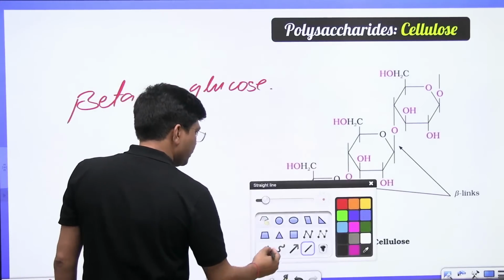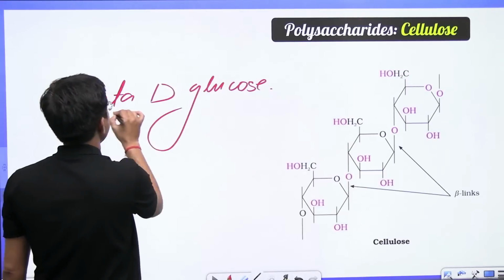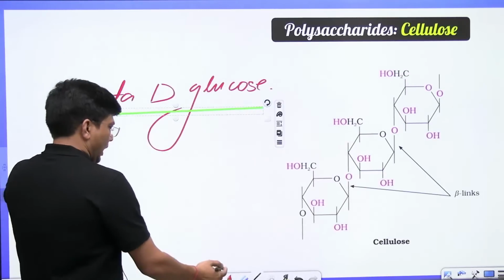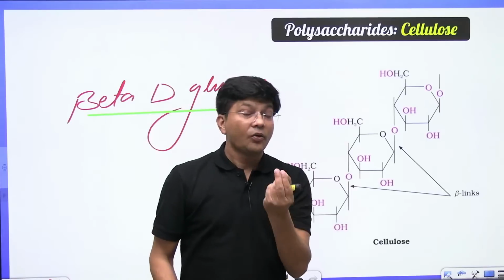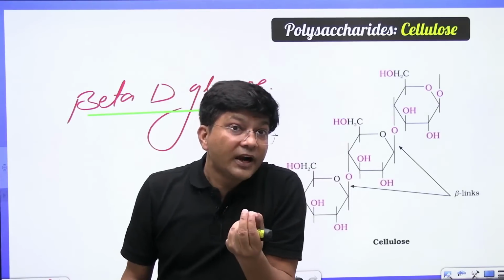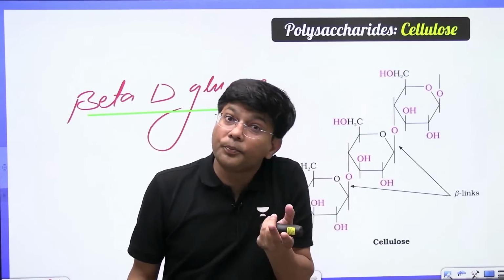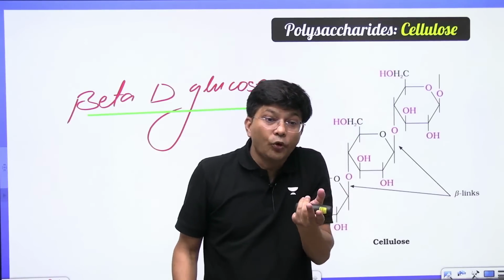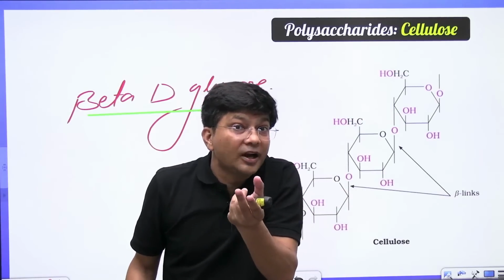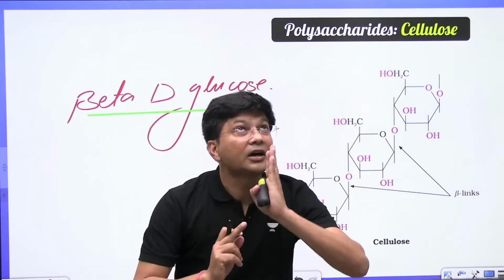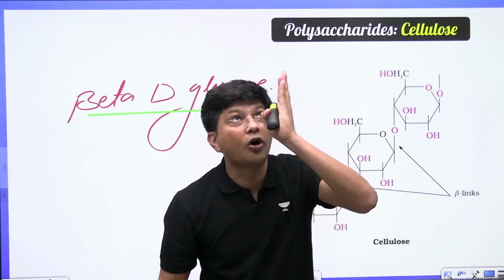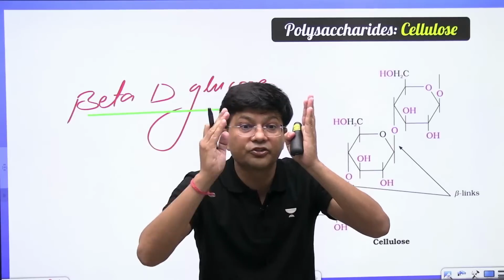Is there anyone who is going to tell me how to find out? I have told you in the starting what was the trick to find out alpha D glucose and what was the trick to find out beta D glucose. The third carbon OH was always on the top, and first carbon OH must be on the top.